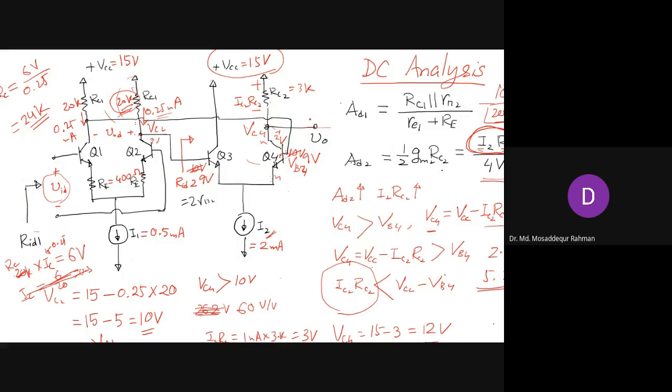So now in the output we have both the AC and DC, but in the output we want only the AC signal, not the DC. The DC is quite high at the collector. So how can we get rid of this DC voltage coming to the load? That we'll discuss in our next lecture.